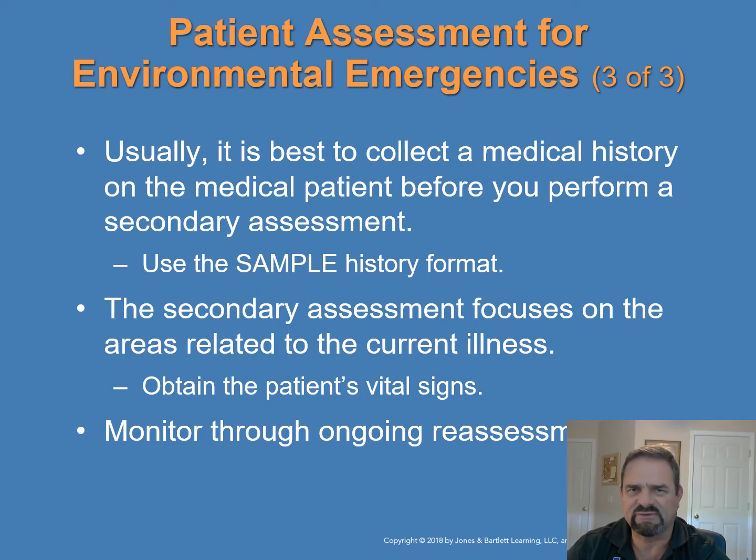Okay, so the secondary patient assessment focuses on the areas related to the patient's current illness. The patient may not always be aware of all the various aspects of his or her problem, so you need to obtain the patient's vital signs. We're going to monitor the patient throughout the use of ongoing reassessment until the arrival. So that ongoing assessment is the very last key part of the assessment triangle there.